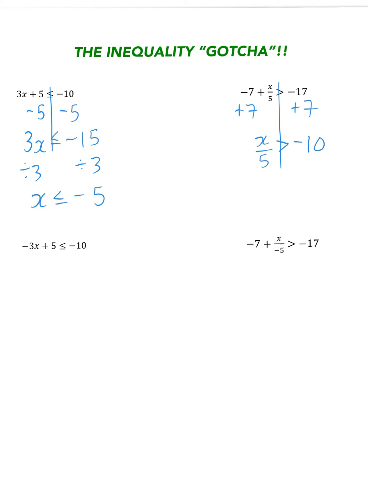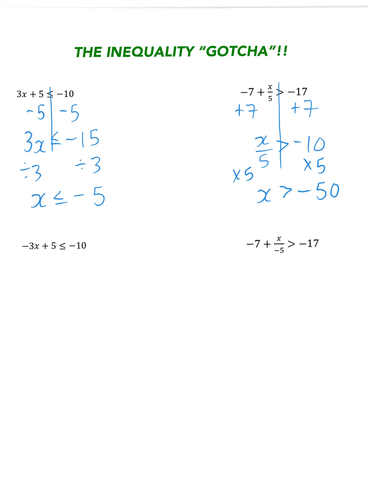And then I have to multiply both sides by 5. So I get x is greater than negative 50. And there's my answer. Okay, so up until now, these have been the ones we've been working with. I haven't shown you this thing yet. So these are all normal, no issues.